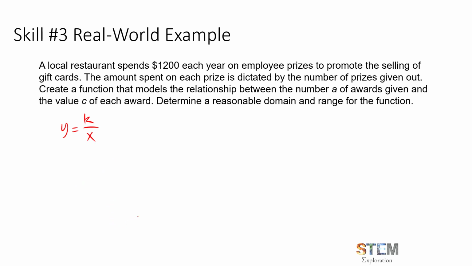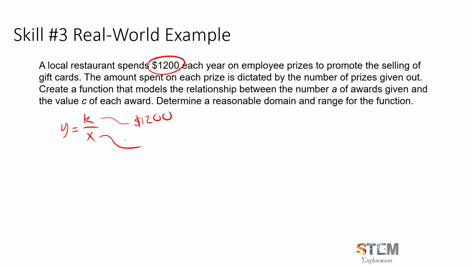And now we need to figure out what we're going to assign to what. All right, so I would say that your constant is probably the amount of money that you're spending on prizes. So this is going to be your constant of variation for this given instance. Now, the amount spent on each prize is dictated by the number of prizes given out. That would probably be x, because the total amount that the restaurant has to spend is being divided by x, right?